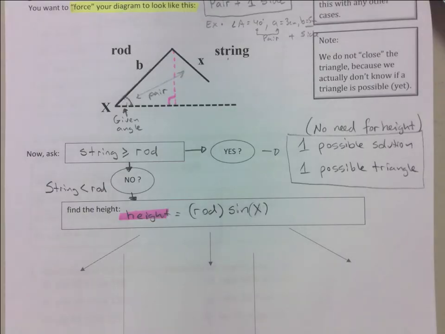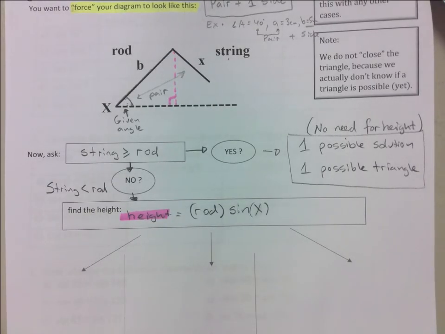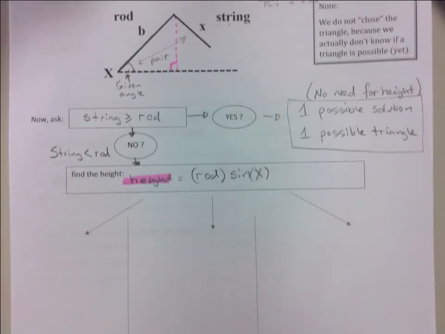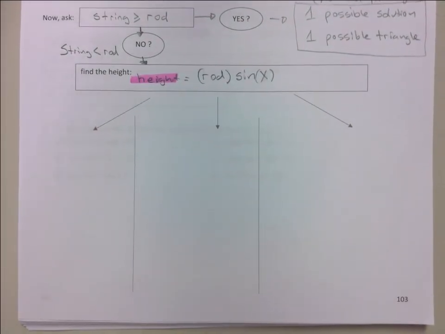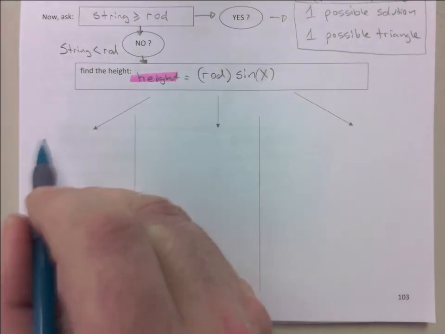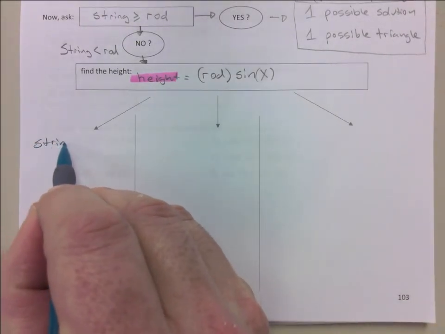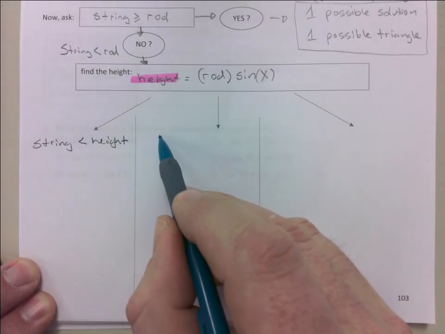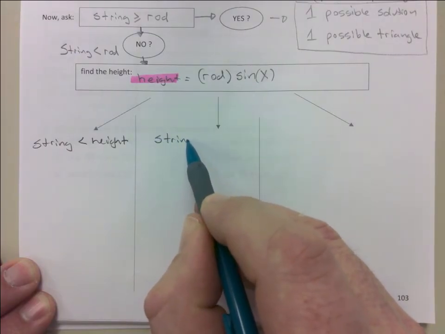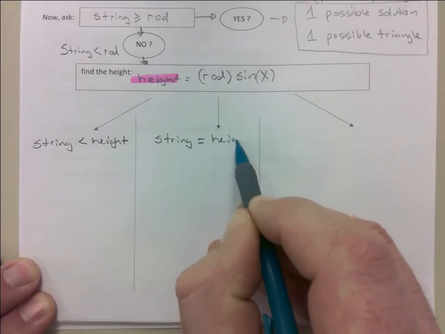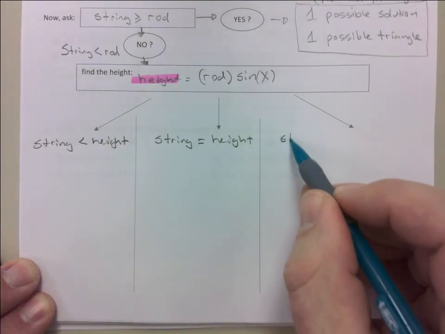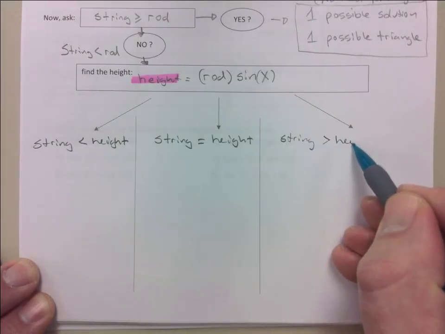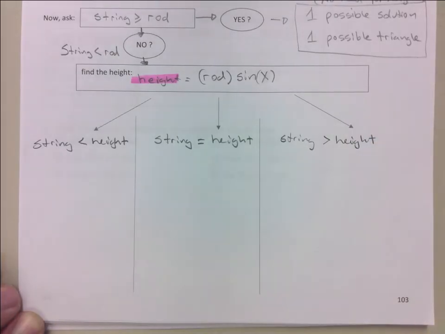And now we have three options. Three options that result from this. The string could be shorter than the height, or the string can be equal to the height, or the string could be greater than the height. Those are your three outcomes there.